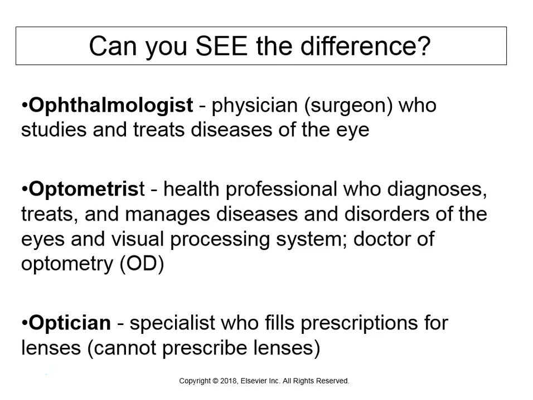The optometrist is the one who's just doing the basic measuring. Looks at visual changes. They can measure things like pressure, and generally manages basic diseases, but they're not like the surgeon that would do operations on tear ducts and eyes. And then we have lastly the optician, who is the one who actually fills the lens prescriptions.